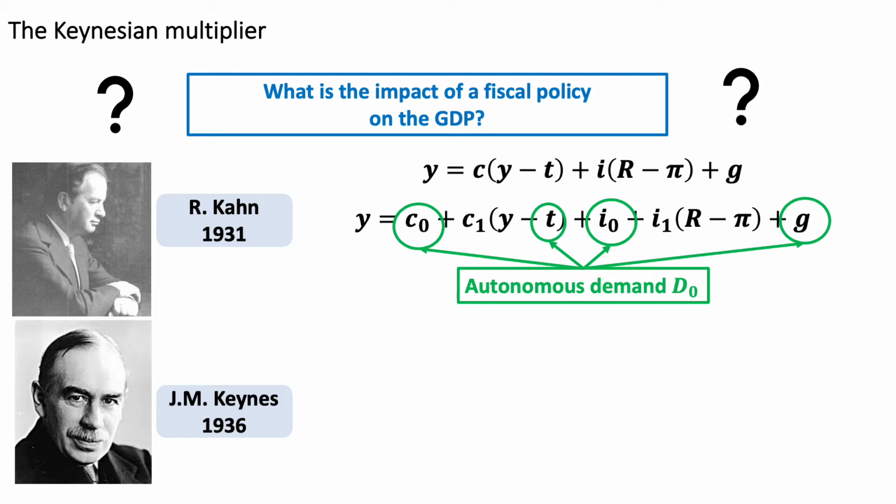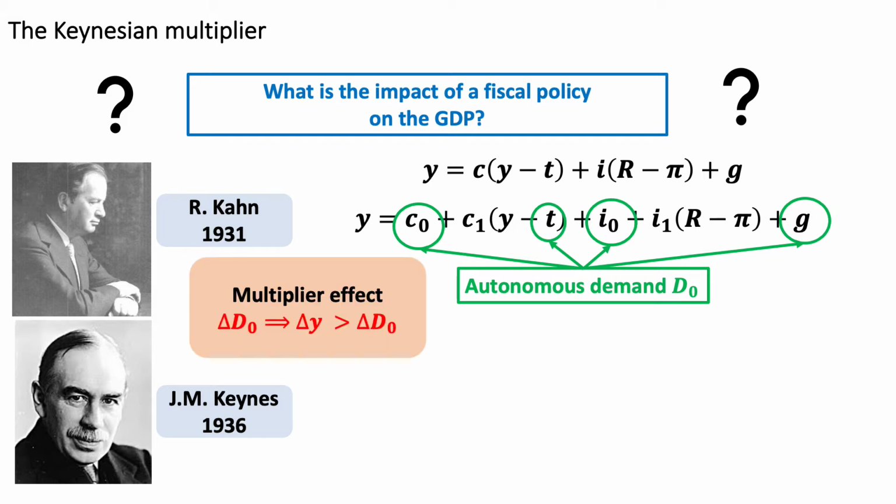T, taxes, which we will assume are flat here, meaning that they do not depend on the income. And G, public spending. Keynes showed that thanks to the multiplier effect, an initial increase in one of these autonomous components would trigger an even larger increase in production, larger than the initial increase.